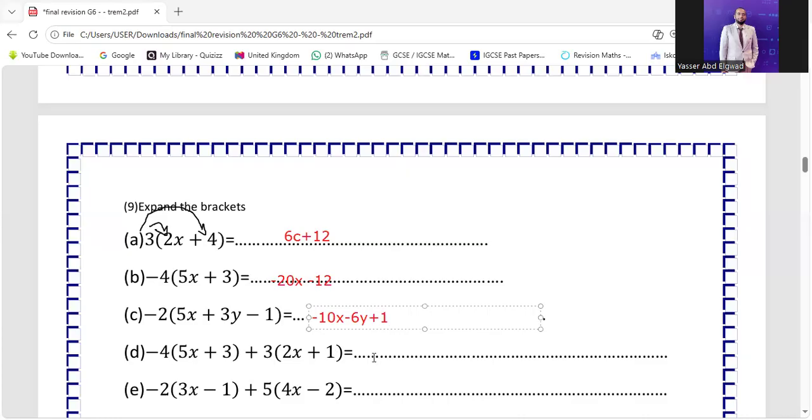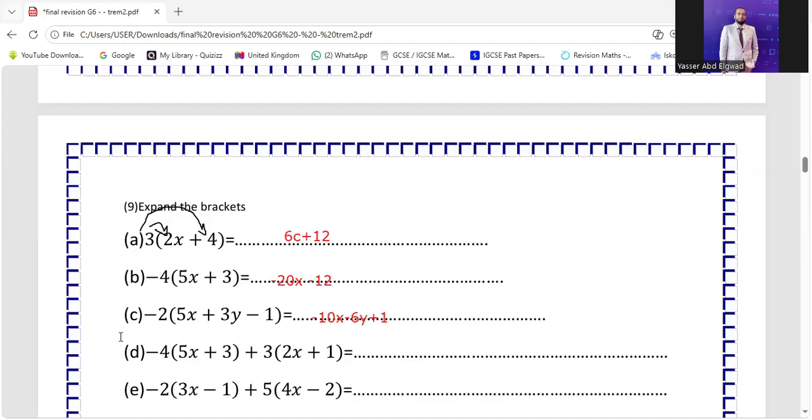The next one, here we have 2 brackets. We do 2 steps. First expand, after that collect the same term. The first one, step only multiply. For the second problem, letter D, you will multiply. After that, we collect the same term, or like term.